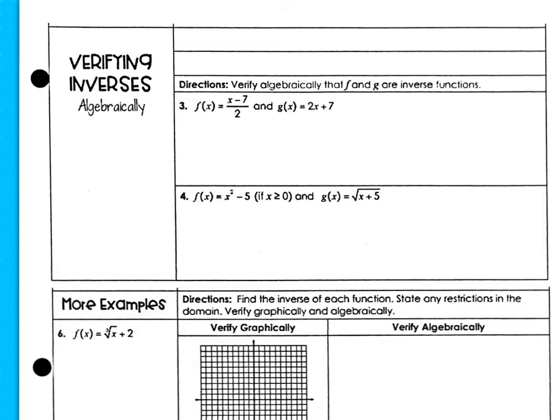Now I want to do this algebraically. To verify that you have inverses, you have to do composition. So if we have 2 functions, let's say f of x and g of x, these are going to be inverses if we take g of x and put it inside f, and the answer gives you the letter x.